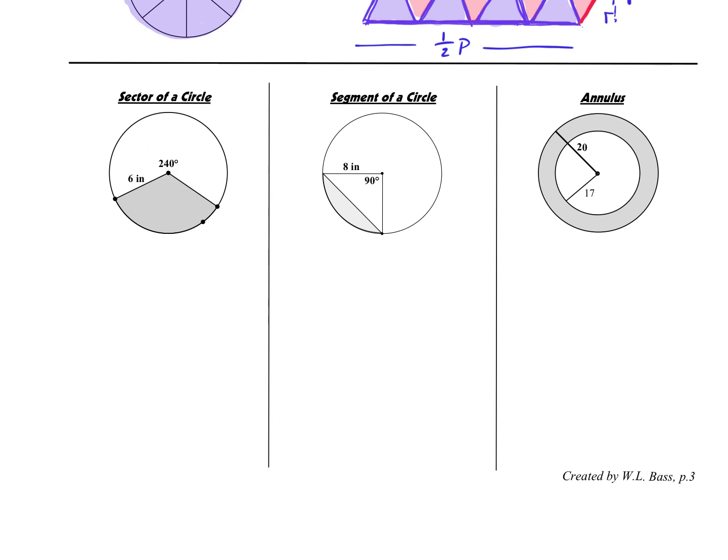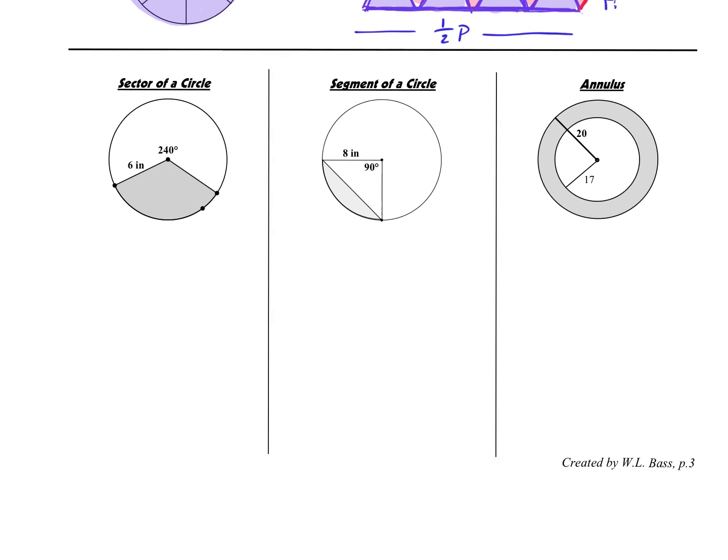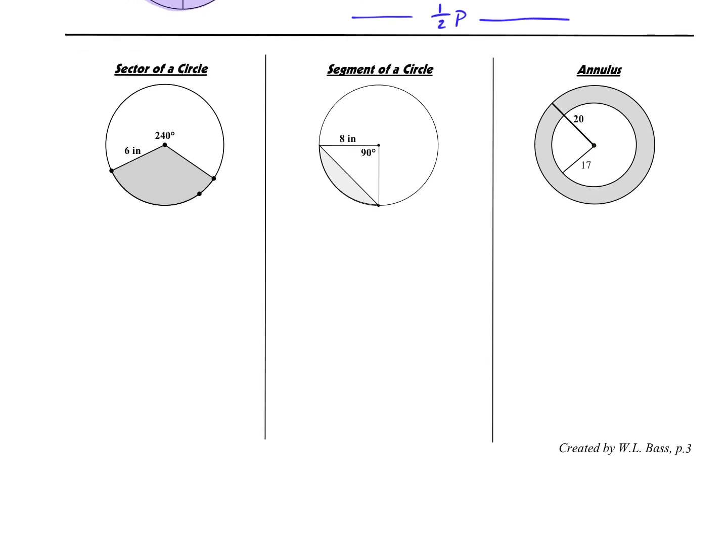To find the area of the shaded region, we're going to have the exact same 2 options that we had from up above. I can first think of this as a portion of the area. So the portion that I'm thinking here, this is going to be 120 degrees. So I would think 120 out of 360 degrees of the circle. And then the area of the circle, my radius is 6, so the area is going to be 36 pi.